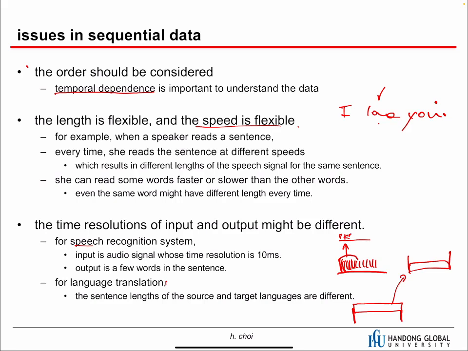Sometimes they would be the same accidentally, but most of the time they will be slightly different. So what I'm saying is that the input sequence is really flexible: the length is flexible, the speed is flexible, and the relationship between the length of input and output could be different, so pretty much everything is flexible.